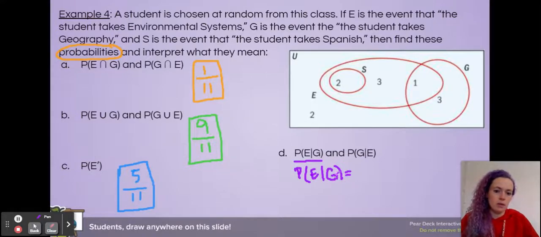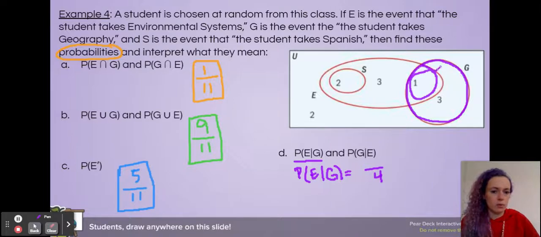So this tells me that instead of looking out of all 11 people, I'm only looking out of the people that took geography. So only out of these 4 people that took geography. And out of those 4 people, how many people took environmental systems? Then I'm looking at this overlap. So that's 1 out of 4. So what this again means, or how to interpret it, is out of the people that took geography, only 1 person also took environmental systems.